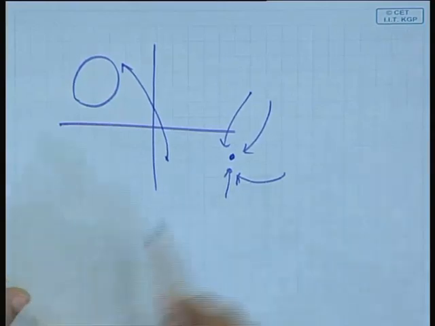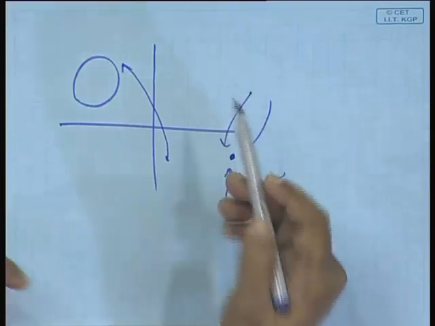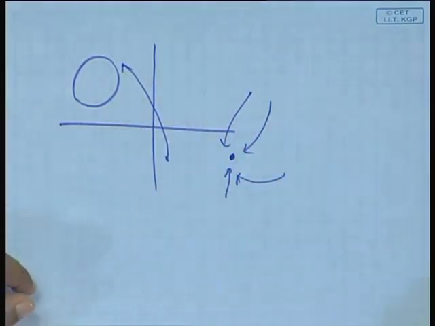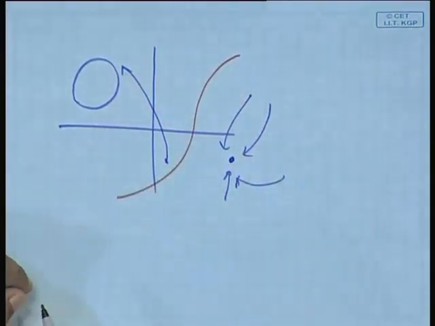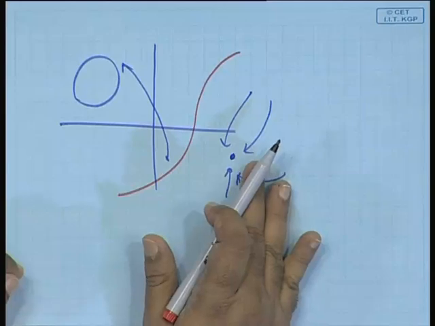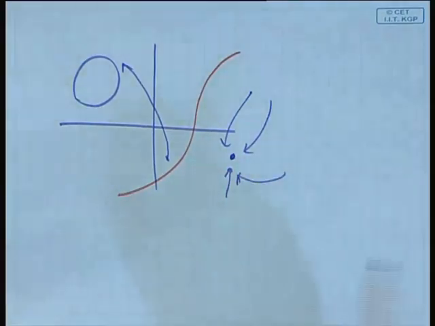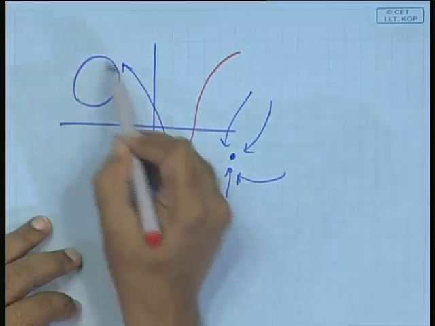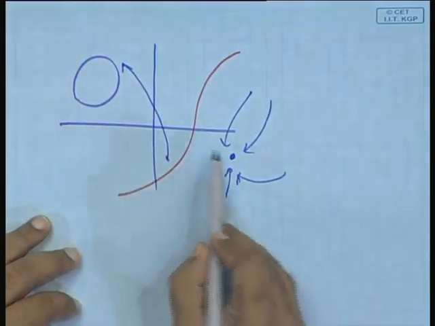In that case, not only is it possible, it must happen that there should be some kind of a dividing line, so that this side goes to this one and that side goes to this one, like your football fields, one hostel plays there, the other hostel plays there, in between there is a line. So, you cannot cross the line. If you are in this side, you always go to this attractor, in this side this.